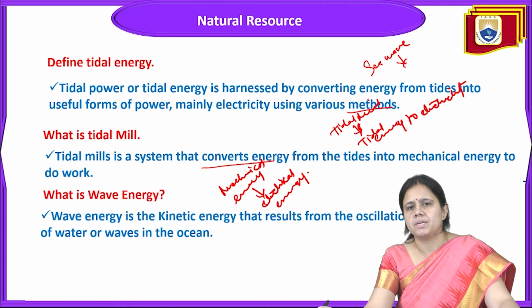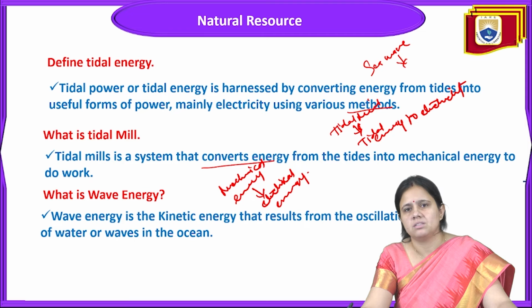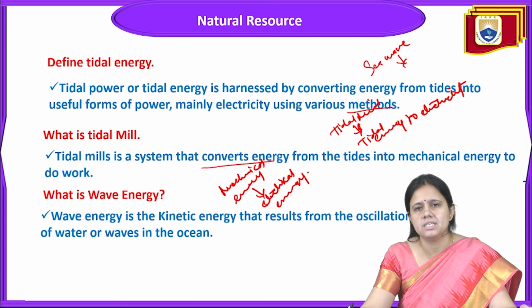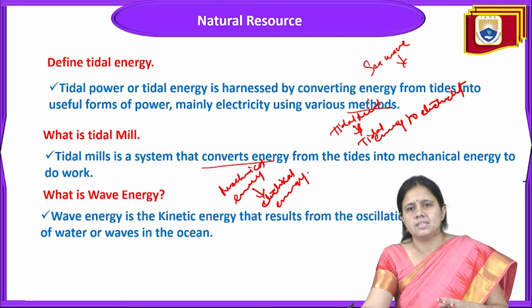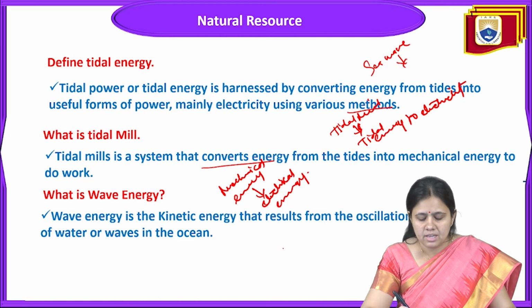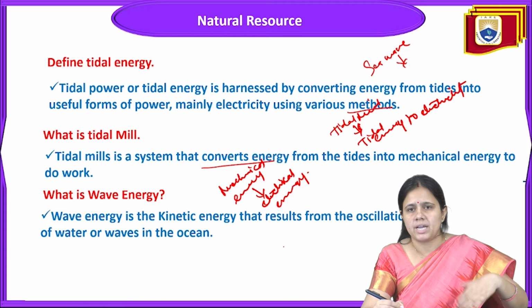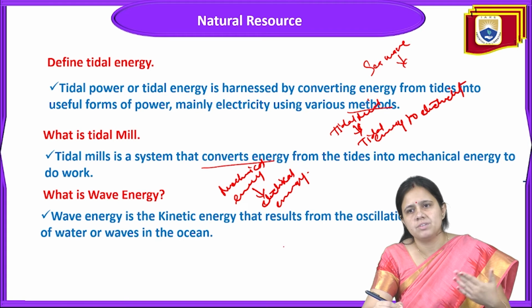The next topic is about wave energy. Wave energy is a kinetic energy that results from the oscillation of water or waves in the ocean. Means wave energy, tidal wave, a wave results from the oscillation of water, and that is a kinetic energy.